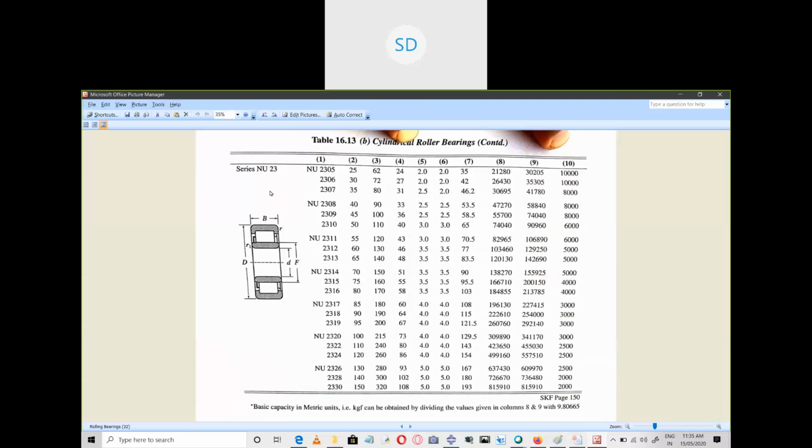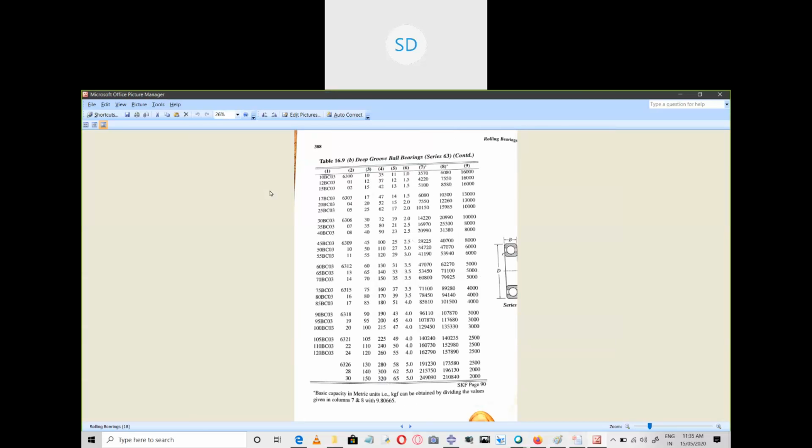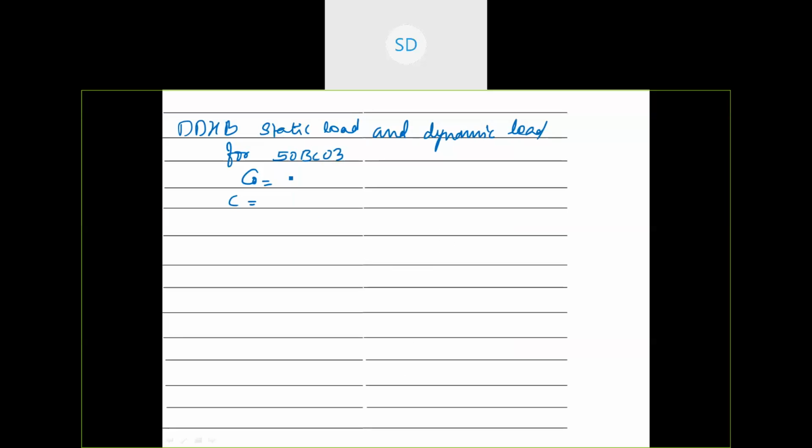So now note down from the data handbook the value of static load and dynamic load. So for 50 BC 03, C naught and C. So now 34720, okay, here 34720.